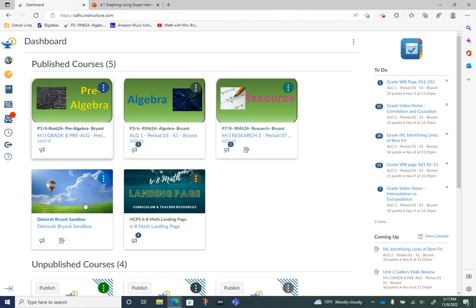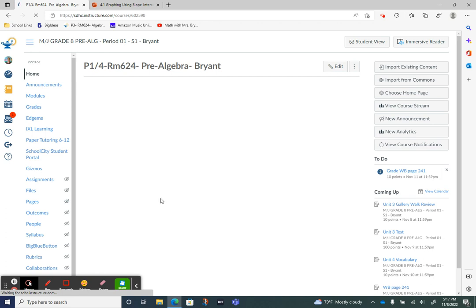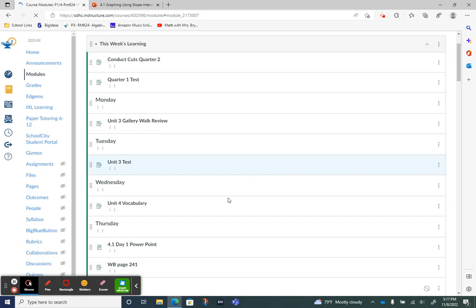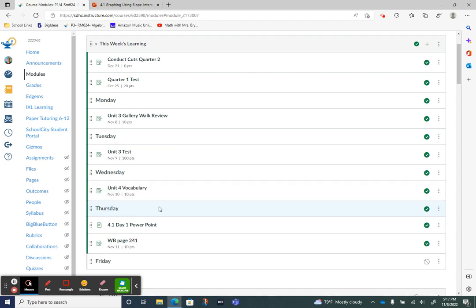So now let's look at what you're going to do. In your pre-algebra tab in your module, under Wednesday, it says Unit 4 Vocabulary. Some of you went ahead and started that. Some of you didn't. I'm actually going to have you go ahead and do page 241 in your workbook.